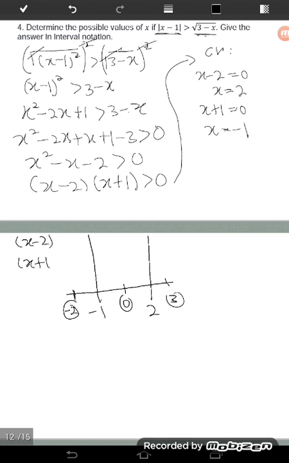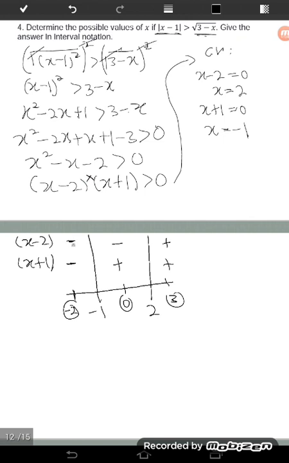Okay. So substitute this 3 value into x minus 2 and x plus 1 to obtain the symbol. Okay, so negative 2 minus 2 negative. Negative 2 plus 1, negative 1, negative 0. So 0 minus 2 negative, 0 plus 1 is positive, and 3 minus 2, 1 positive, 3 plus 1 is positive. Okay, so next, so x minus 2 and x plus 1 relation here, multiplication.